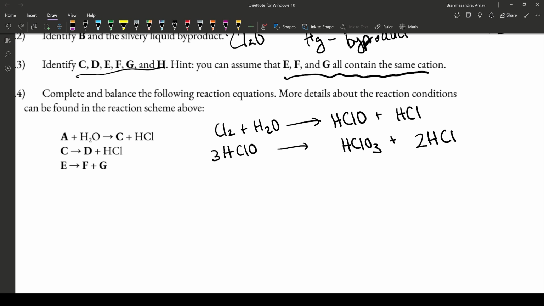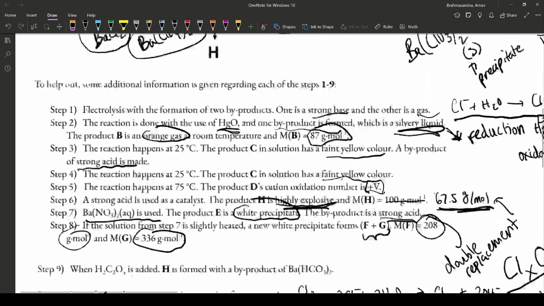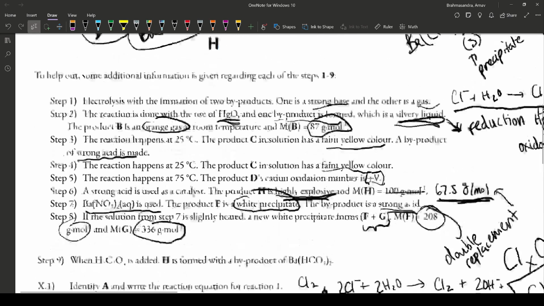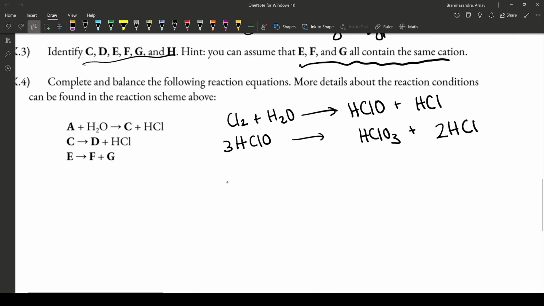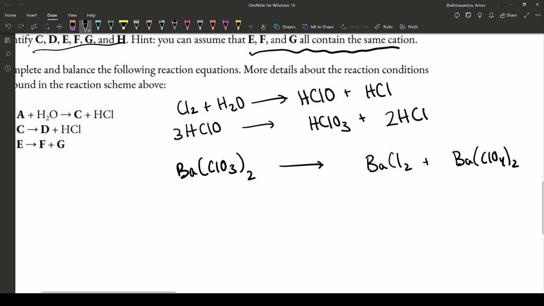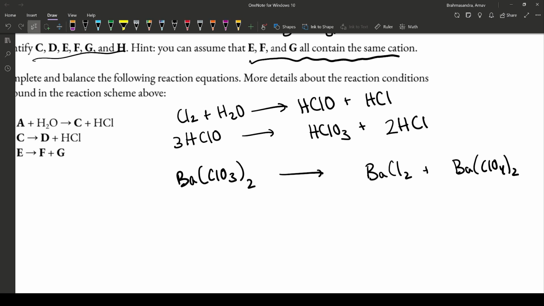The next part is E goes to F plus G. Remember that E is our Ba(ClO3)2, so let's write this out. Ba(ClO3)2 goes to BaCl2 plus Ba(ClO4)2. First, I thought it was useful to balance our oxygens.